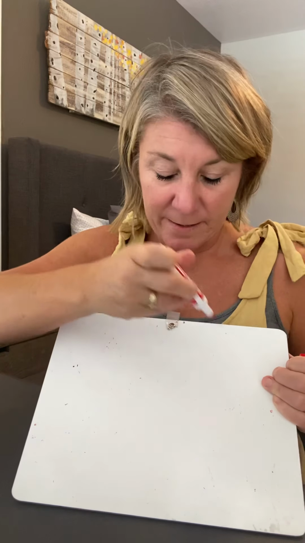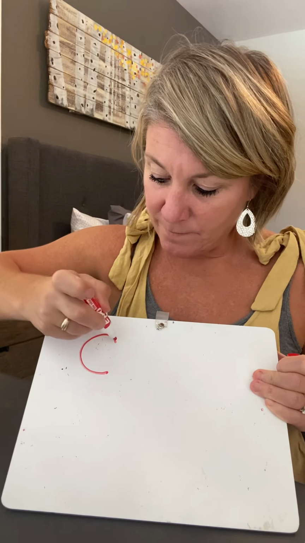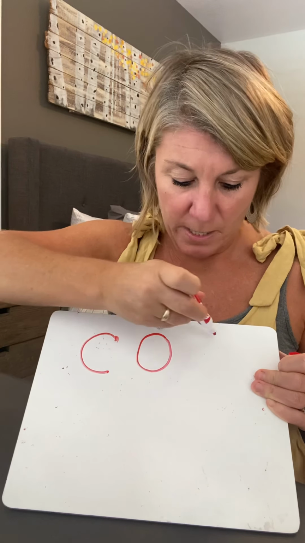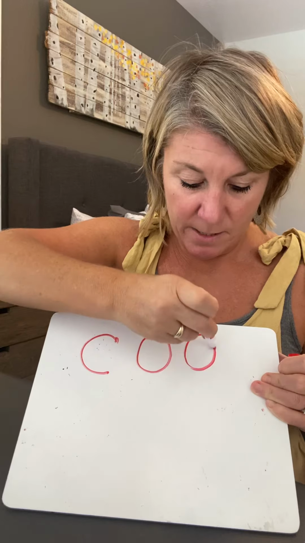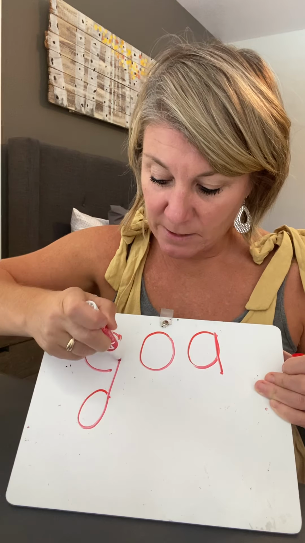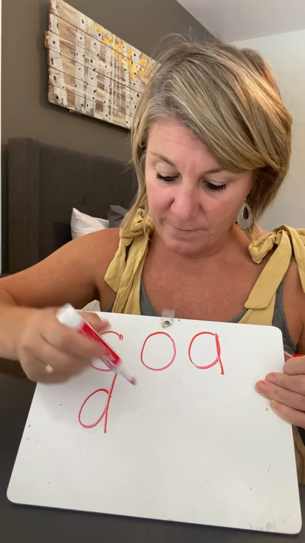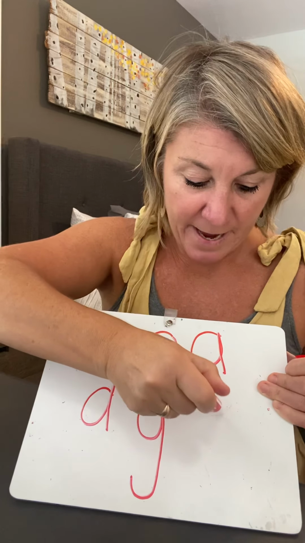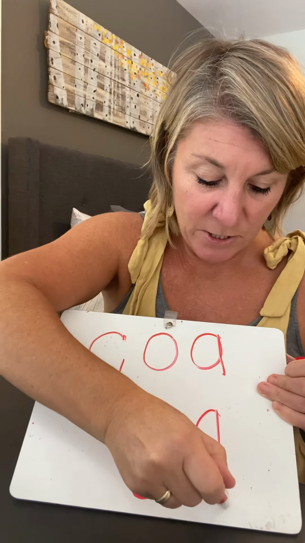So all of these 6 letters will begin with the letter C. So we have C, right? C turns into an O. C turns into an A. C turns into a D. C turns into a G. And C turned into a Q.